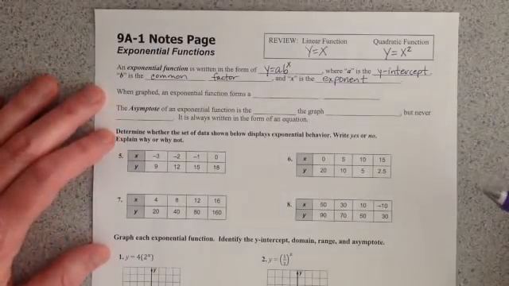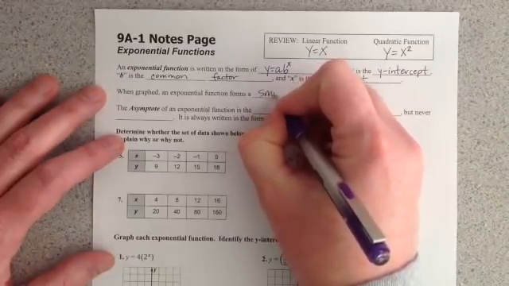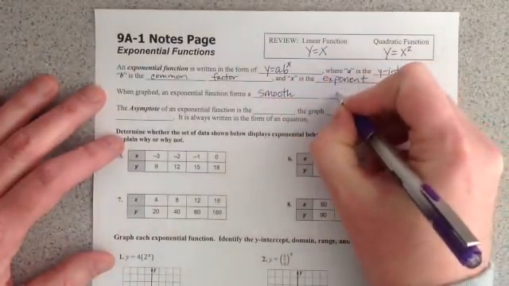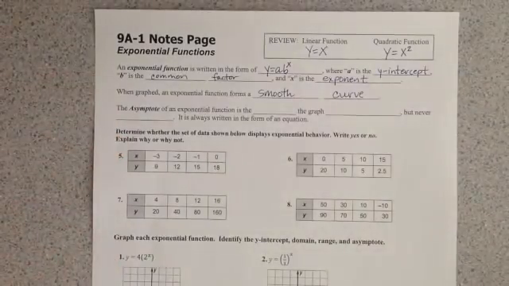Now when you graph an exponential function, you form a smooth curve. And we'll show you all these things in just a few minutes, but I want you to have the notes written down so you can always refer back to it.